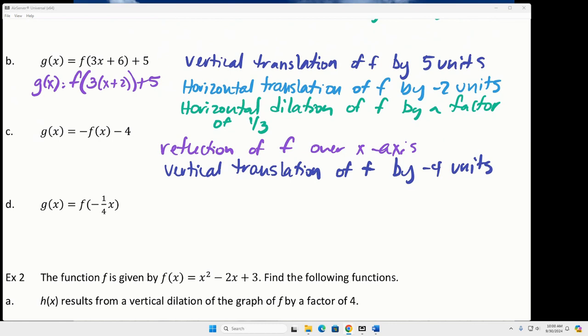So D should have 2. The 1/4 is one, and the negative is another.